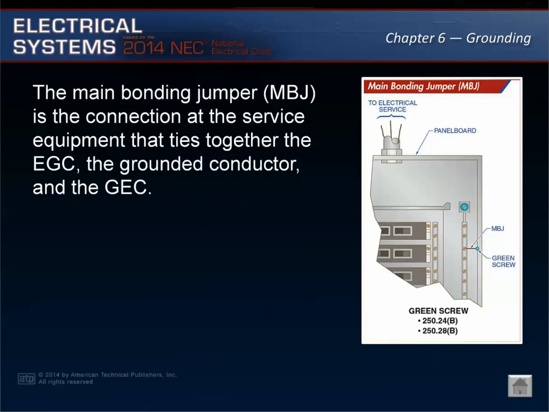This distinguishes it from the other screws on the grounded conductor terminal block. The main bonding jumper is attached by a green screw or exothermic welds, listed pressure connectors, listed clamps, or other listed means. See Article 250.8 for applicable provisions.